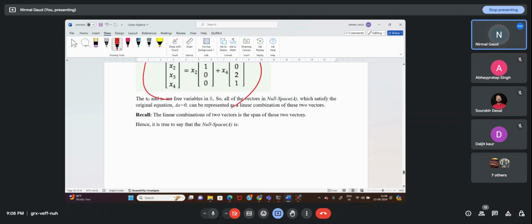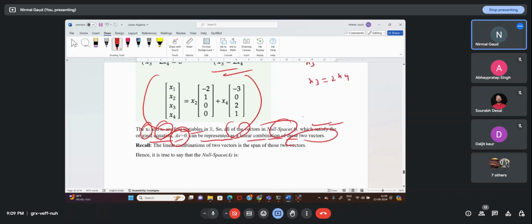So correspondingly, I can write this in this format. What happened is that x2 and x4 proved to be free variables, and all the vectors present in the null space, which satisfy the original equation Ax equals 0, can be represented by a linear combination of these two vectors. These are the vectors, and x2 and x4 are free.